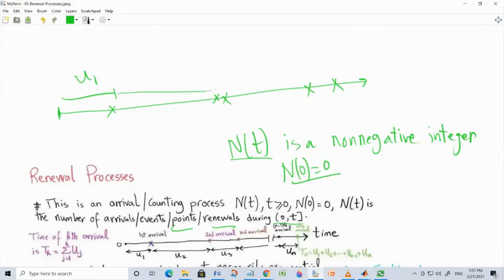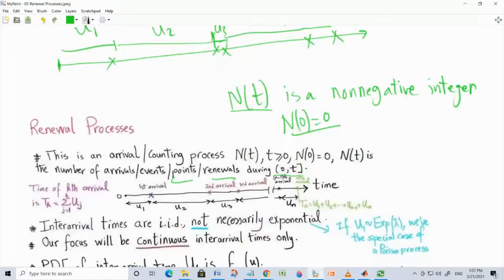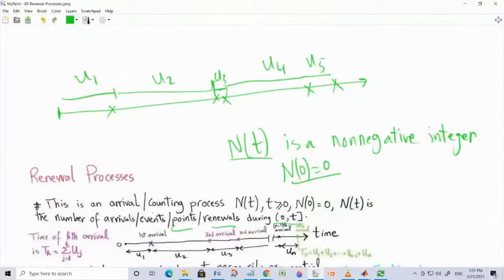And then between the first and second, there is basically U2, then there is U3 between these two, and then there is U4, and then there is U5. Again, those are called the interarrival times, despite the fact that the first time is the first arrival. In a renewal process, the interarrival times are IID.